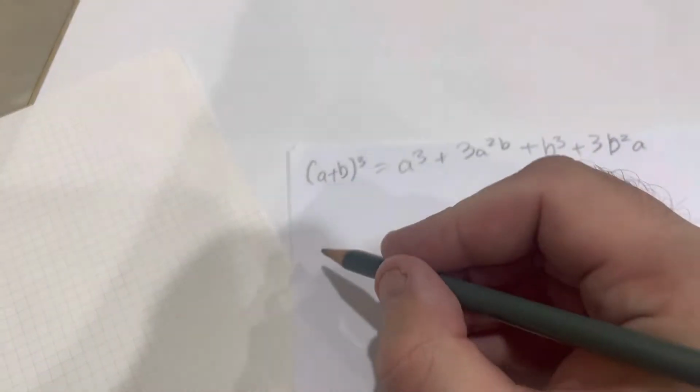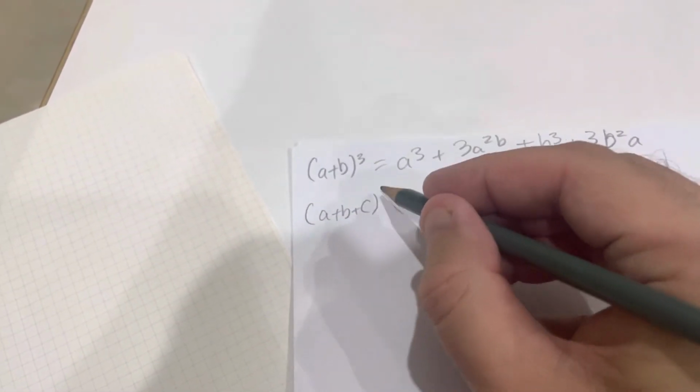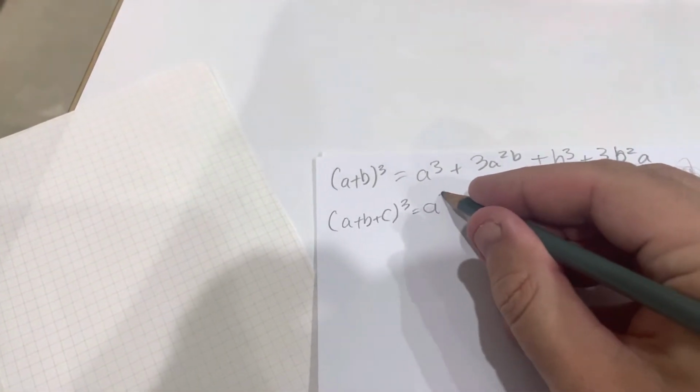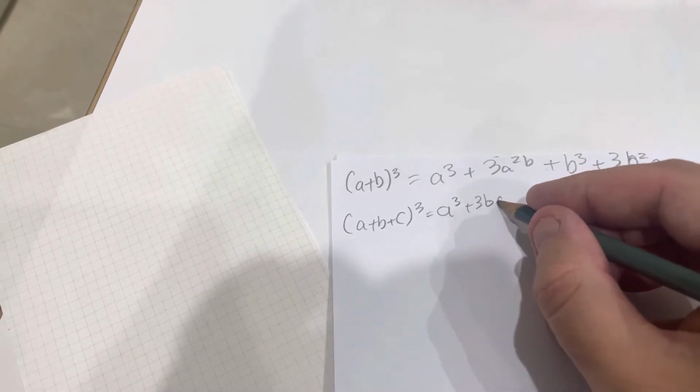And then I also had this equation, which came about, (a plus b plus c) cubed, right? And that is a cubed plus 3b a squared.